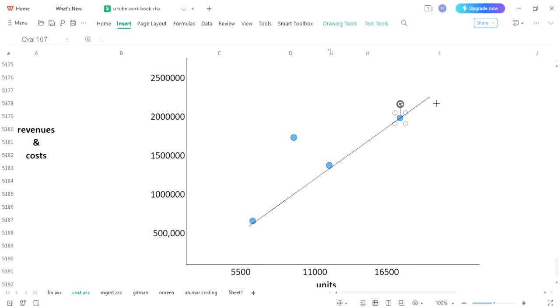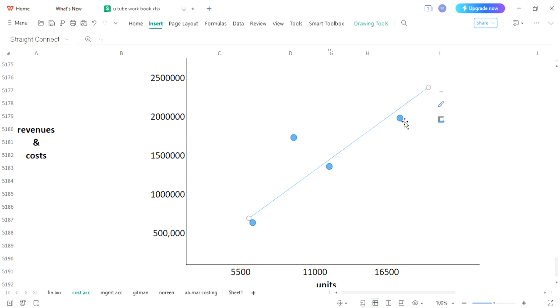Okay guys, we have got our third point. Now for me it is a little easy. I will adjust these points accordingly, and when you make your graph you will adjust in the same way.